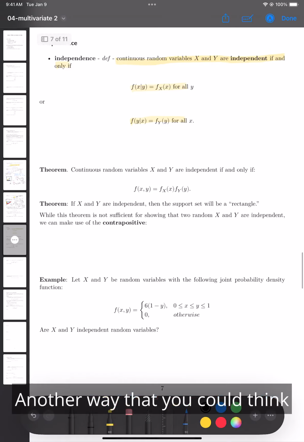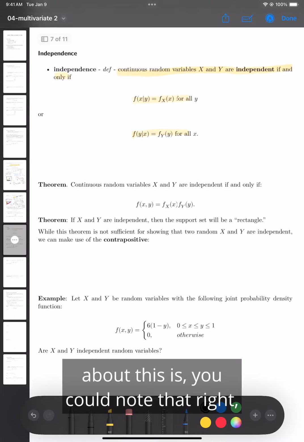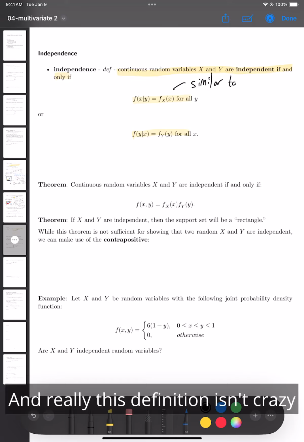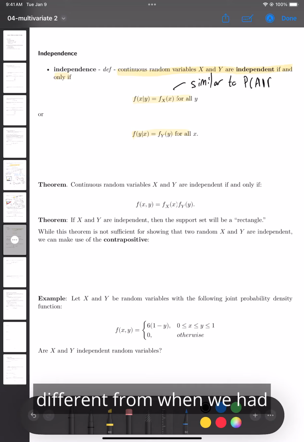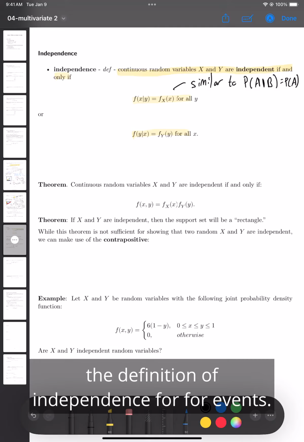Another way that you could think about this is that we talked about independence way back in section 1, and this definition isn't crazy different from the definition of independence for events.